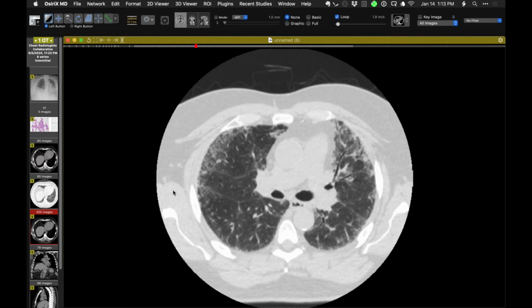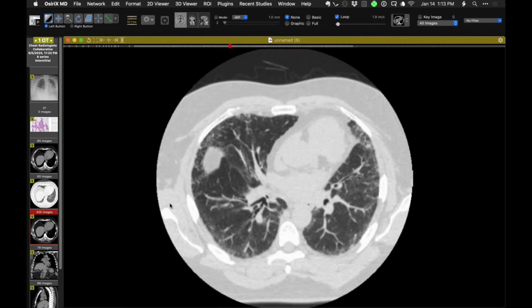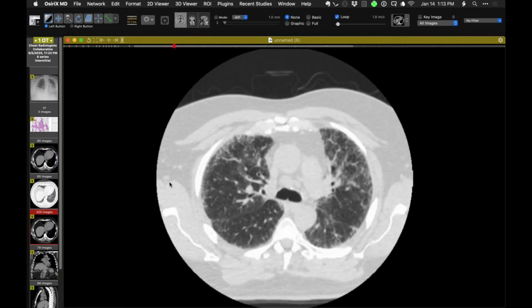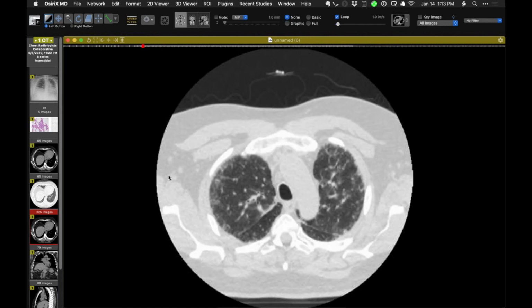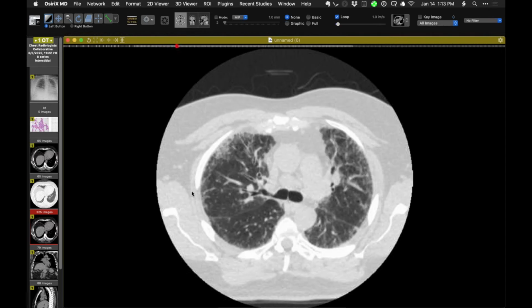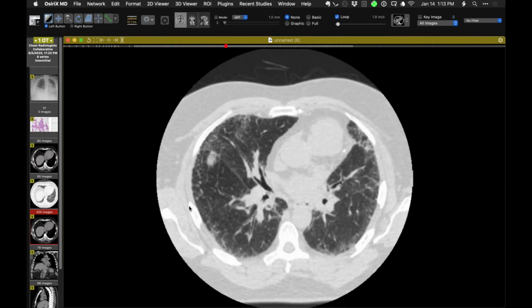Now, in terms of, say, just the UIP, I would have to choose between labeling this as indeterminate versus that last category of suggestive of another diagnosis. And I know there's going to be intra and even inter-observer variation in that label.